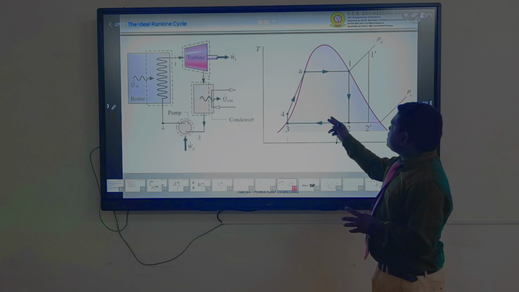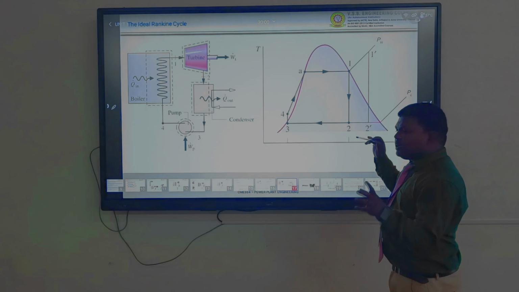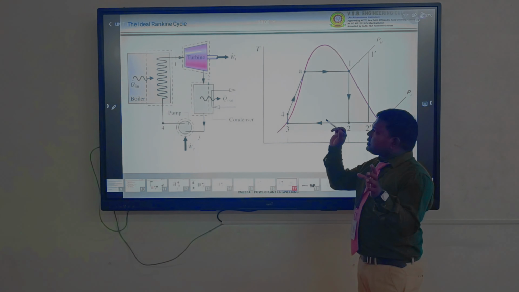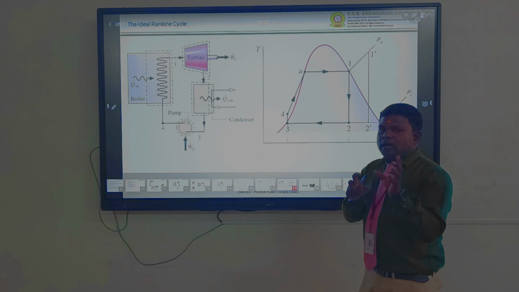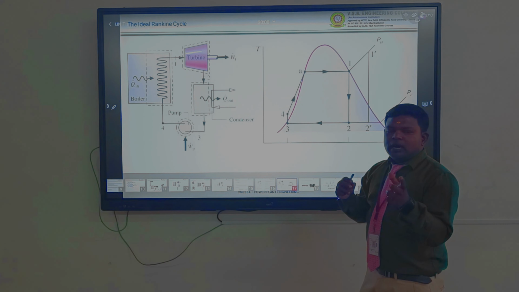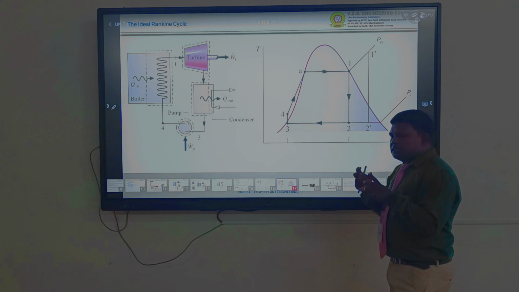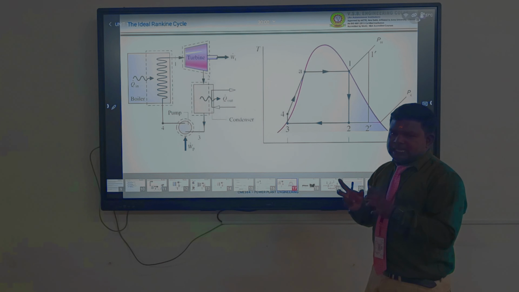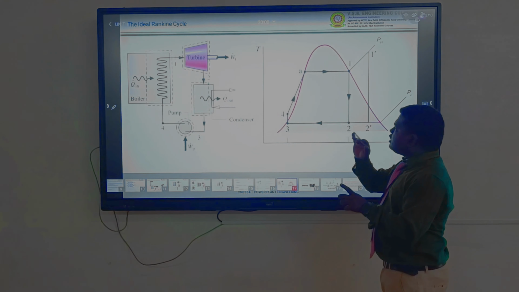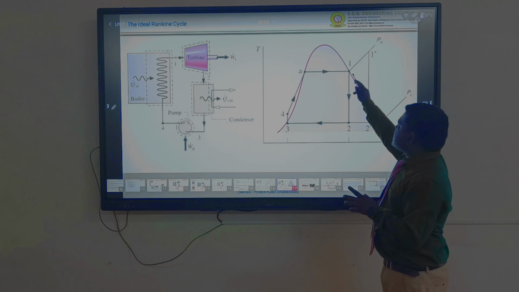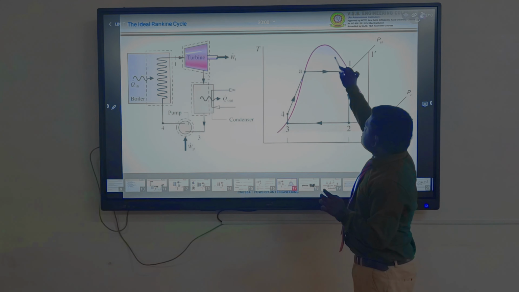Here we have to mention 1 dash and 2 dash. What is the reason? When steam enters the turbine, there are two kinds of steam: dry steam and superheated steam. Dry steam is set at a temperature of 100 degrees Celsius, and we mark this point on the saturation curve.